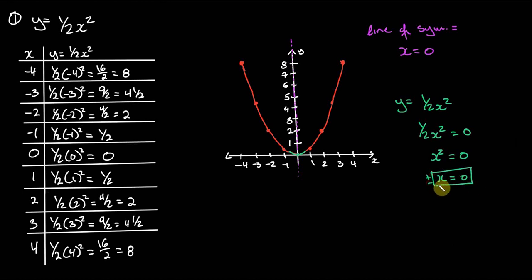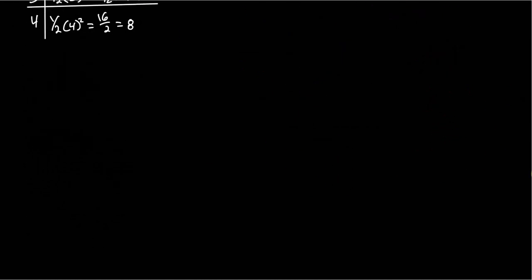You could say plus minus 0 if you want, but you don't really need to do that. Okay, so x equals 0. So there's our one real root right there, and in terms of the minimum point, the minimum value, again that's going to be y equals 0, as you can see.